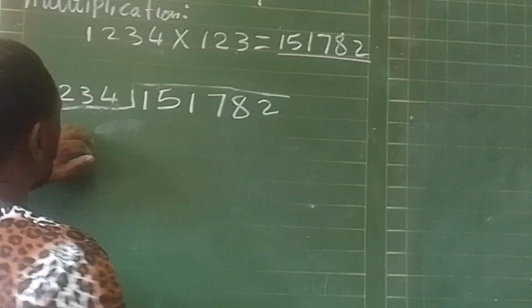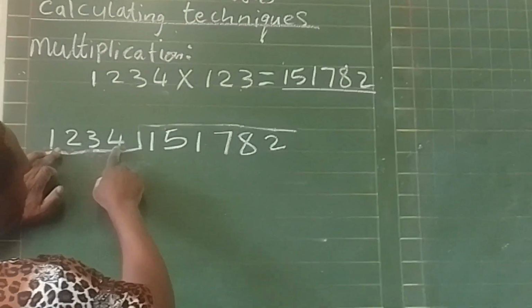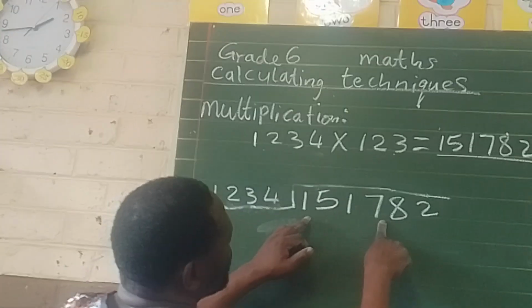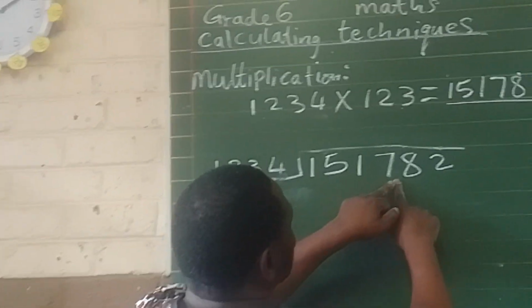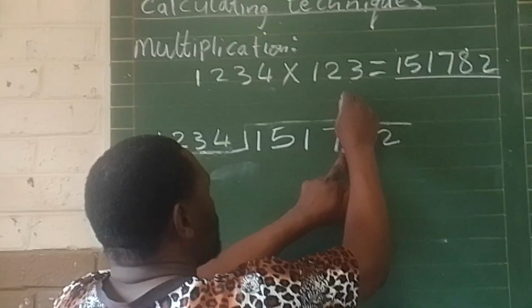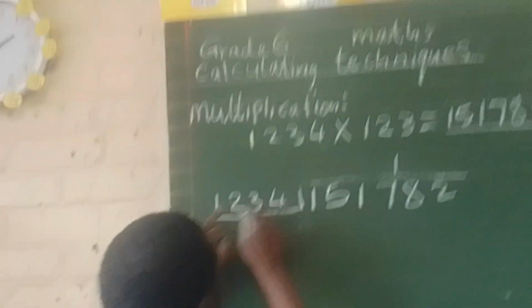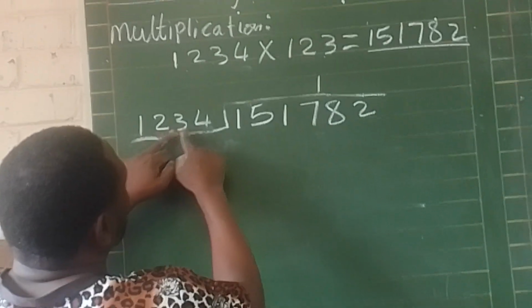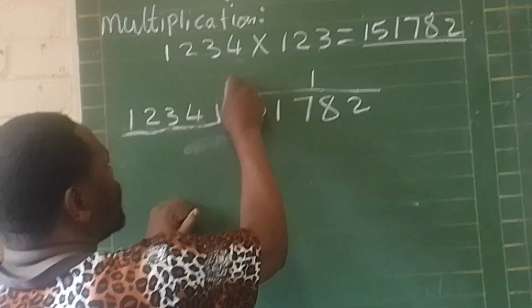Right. You take 1,234 goes how many times into 1,517? It goes once. Because from here you say 1 divided by 1,234, impossible. You put your dot there.